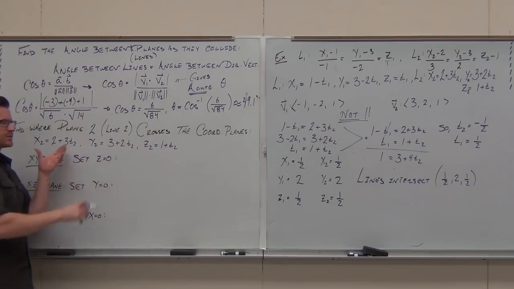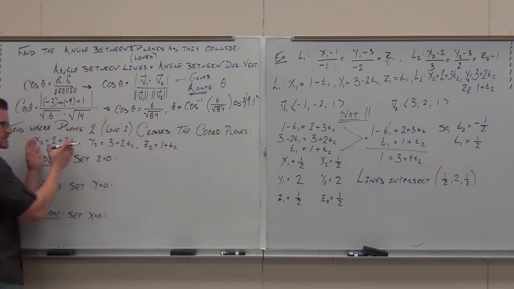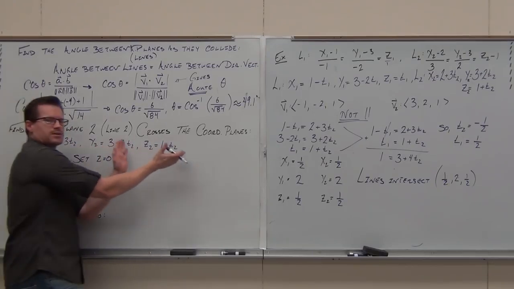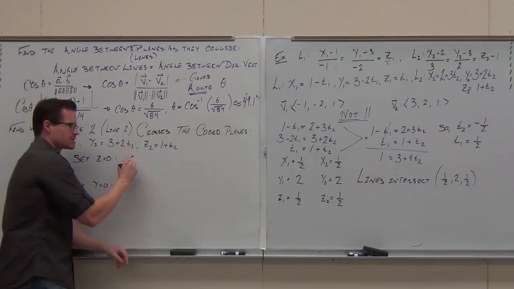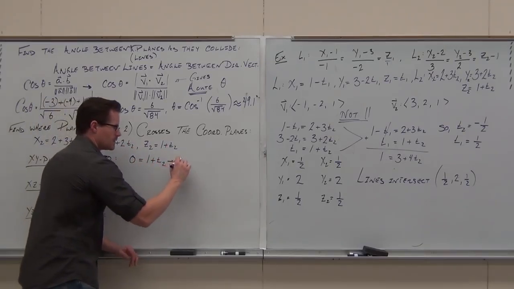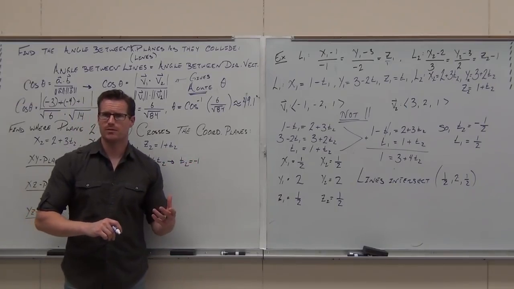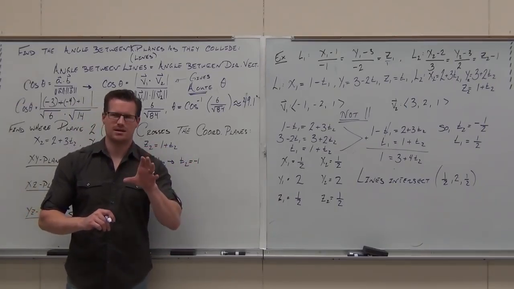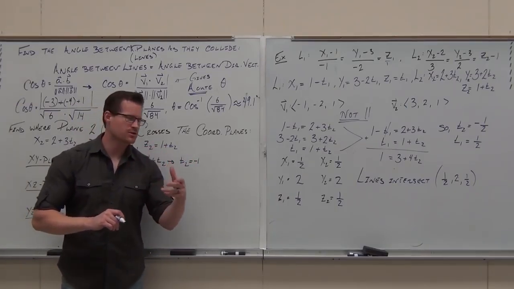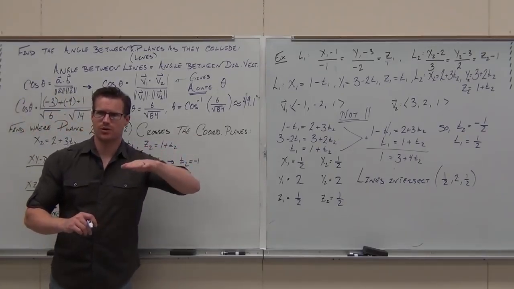If I set Z equal to 0, I'm only looking here. This is all I'm looking at. If I set Z equal to 0, then T sub 2 equals -1. This is the when. When I'm going to cross the XY plane is when T is -1.